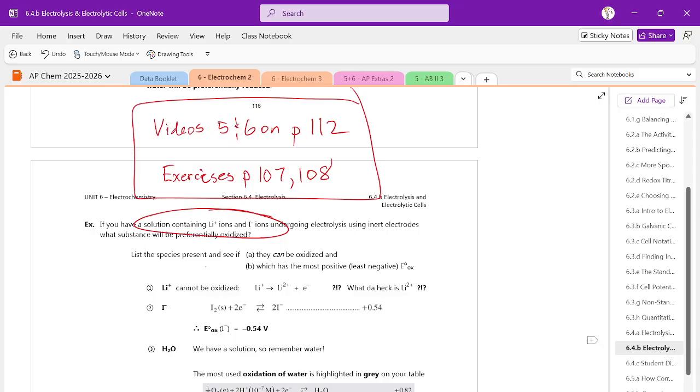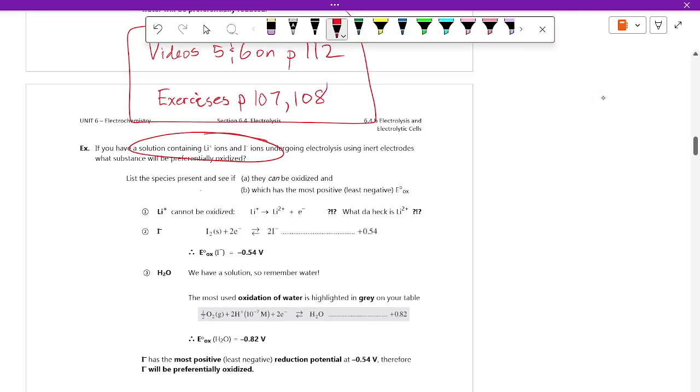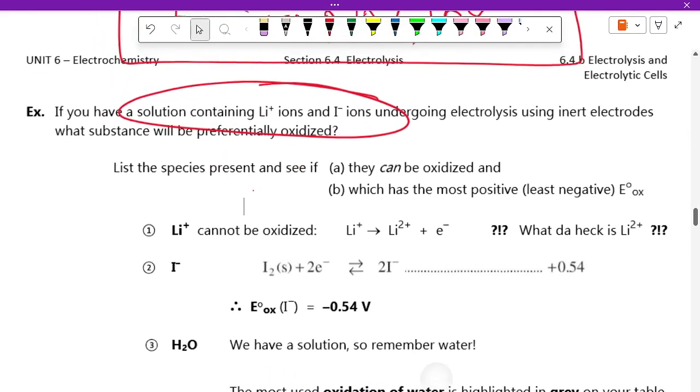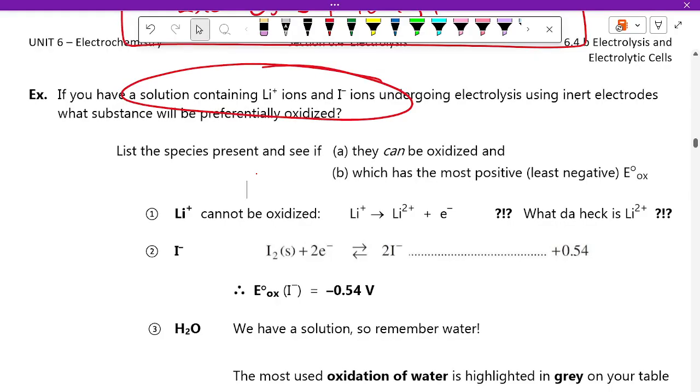we're now going to take a look at this, and we're going to say if we have a solution containing lithium ions and I- ions undergoing electrolysis using inert electrodes, so we don't have to worry about the electrodes doing anything. They're not going to get reduced or oxidized or anything. Let's see who will be preferentially oxidized.